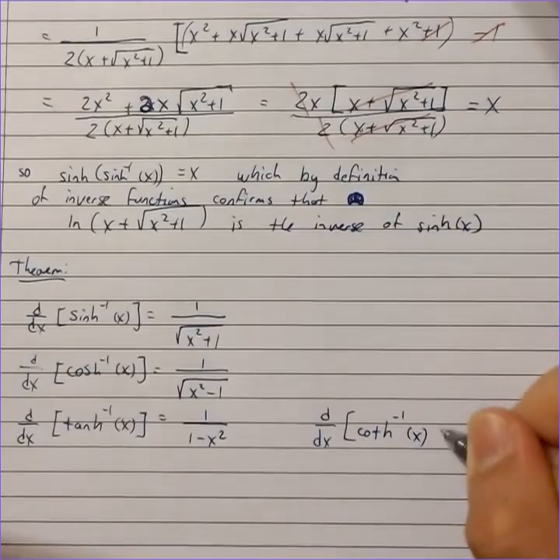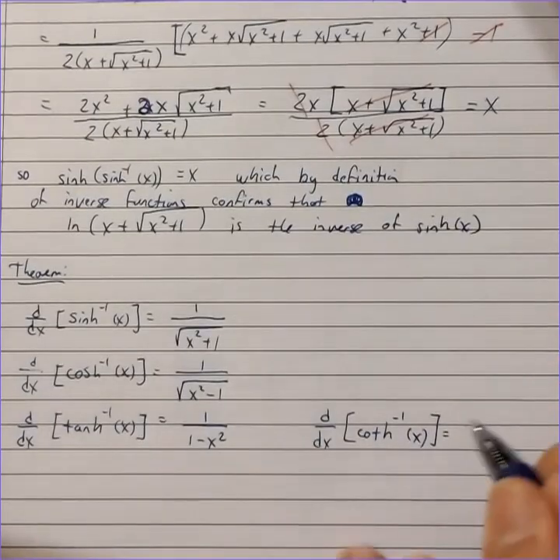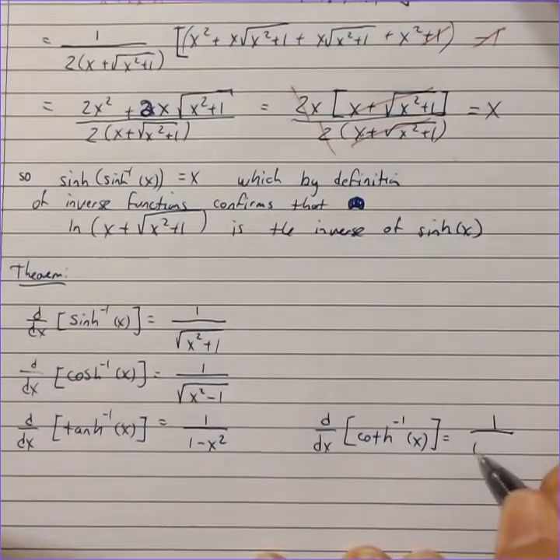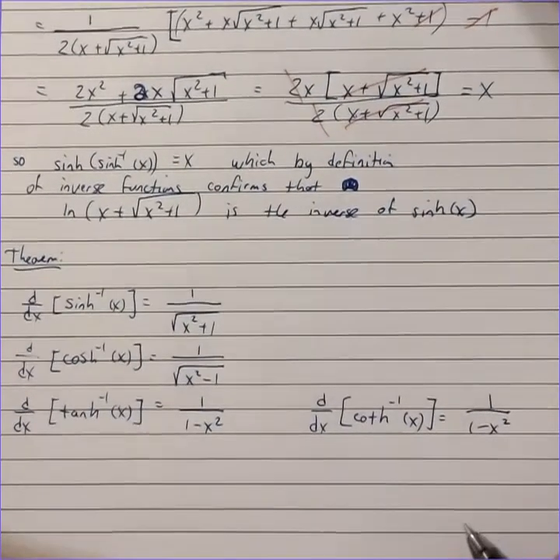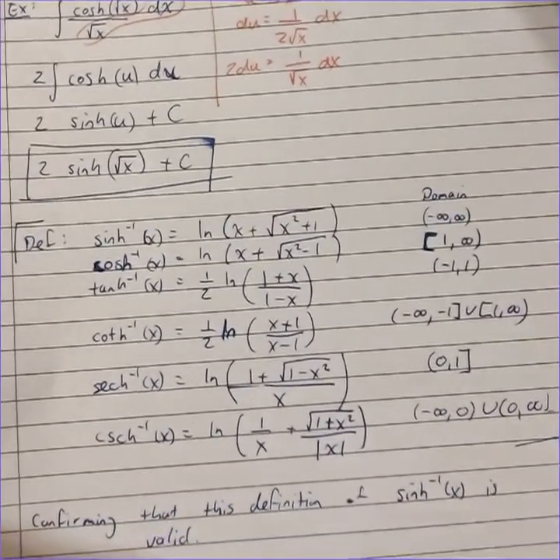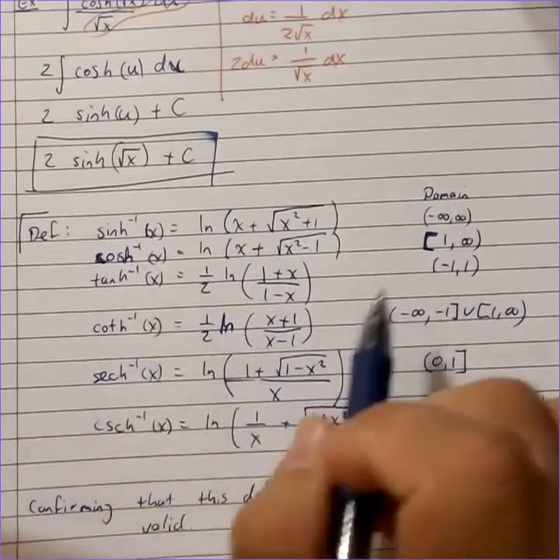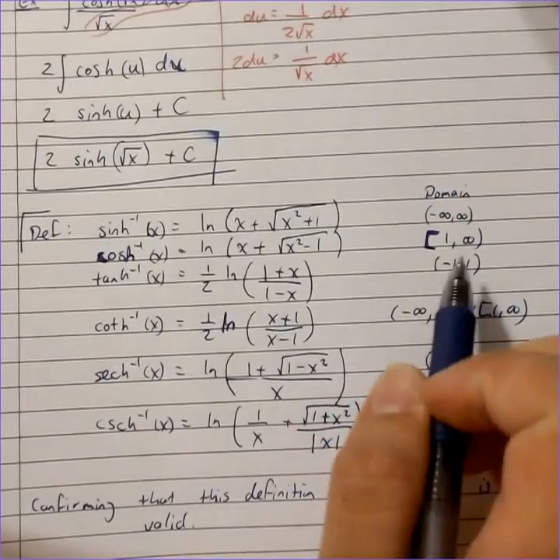Now, you might say, if it looks exactly the same, how is that possible? You have two different functions that have the same derivative? Well, they're not exactly the same. You'll remember that when we defined the inverse hyperbolic functions, there is a restriction of the domains.